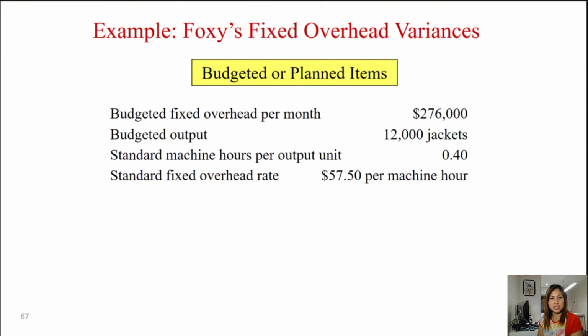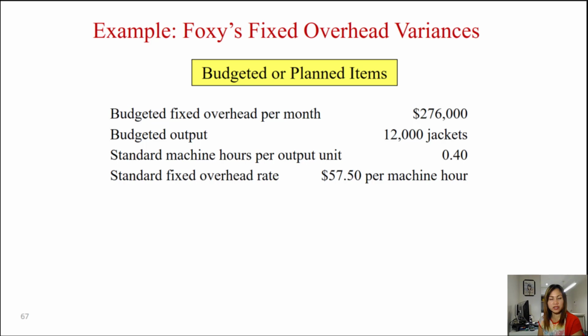Let's have a look at the example. Still for the same company, Foxy. Budgeted or planned: budgeted fixed overhead per month is 276,000. The output is 12,000 jackets. Standard machine hours per unit is 0.4.